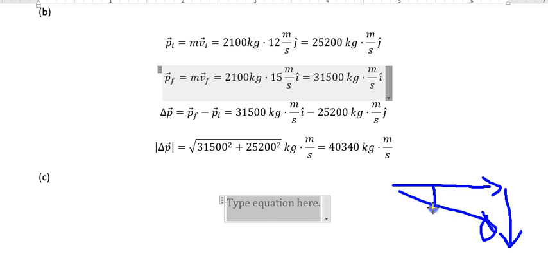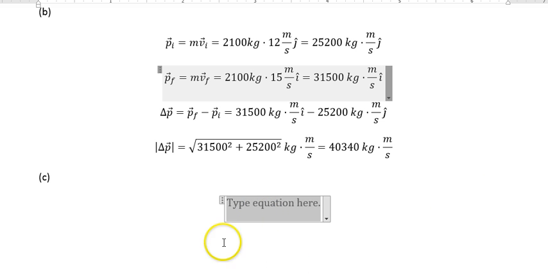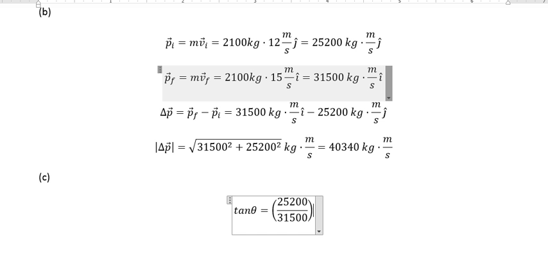So we're going to take the inverse tangent, or we'll start with the tangent and just write tangent theta equals 25,200 divided by 31,500, right? So theta is the inverse tangent of 25,200 divided by 31,500.